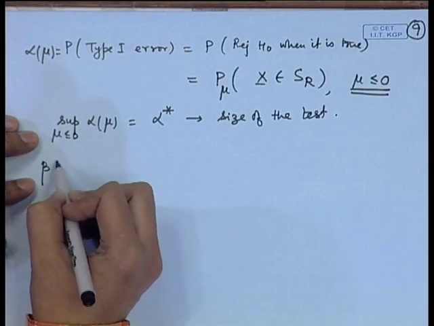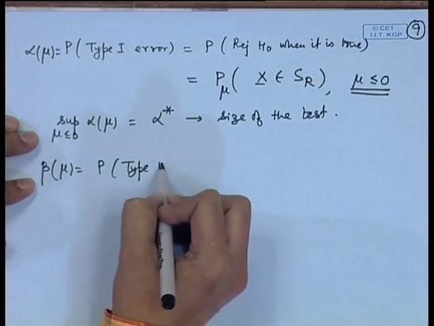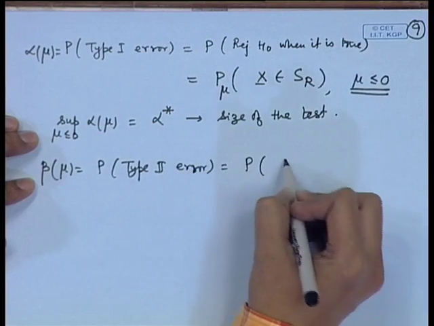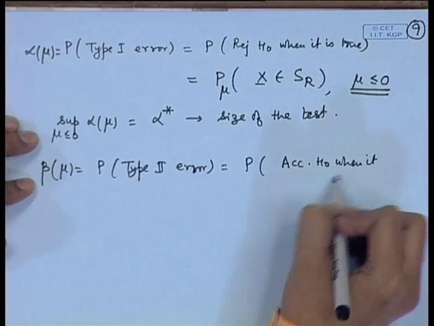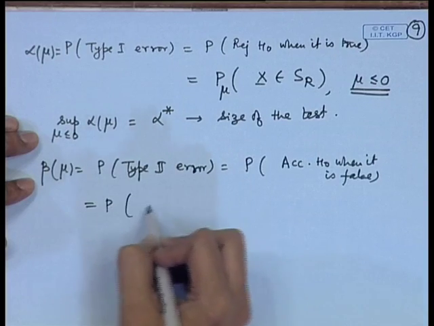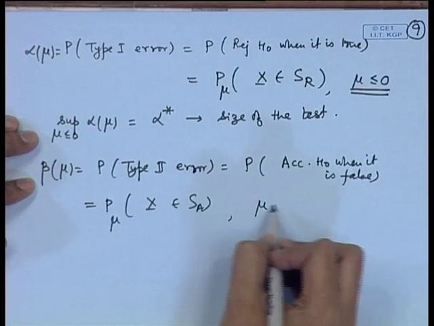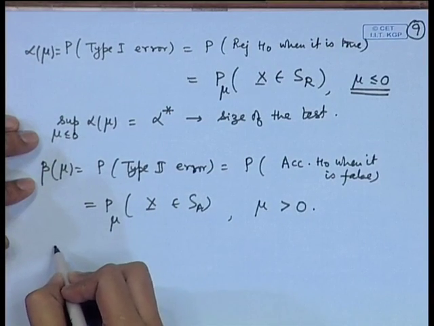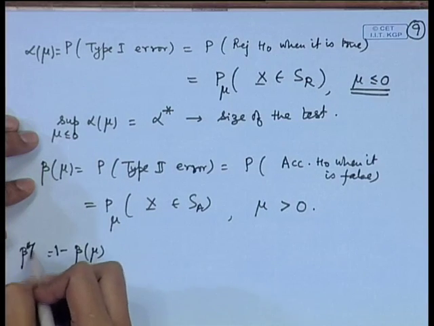Similarly, if we look at beta mu, that is the probability of type 2 error, that is the probability of accepting H naught when it is false. So, it is the probability of x belonging to S A under mu when mu is greater than 0. So, we consider 1 minus beta mu, let me call it by the notation beta star mu.